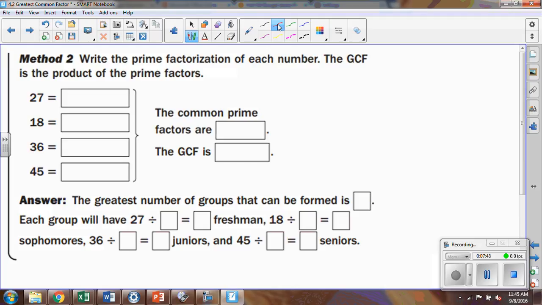Creating a factor tree, we need to create the list of prime factorizations. For instance, 27, after you do a factor tree, you would get 3 times 3 times 3.